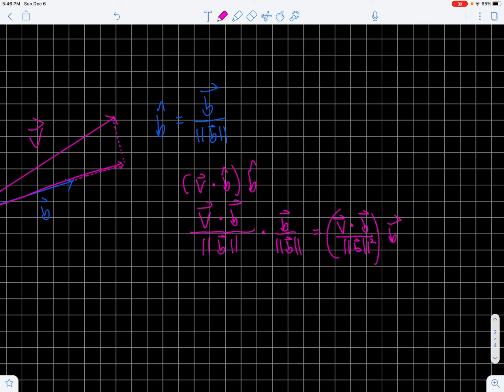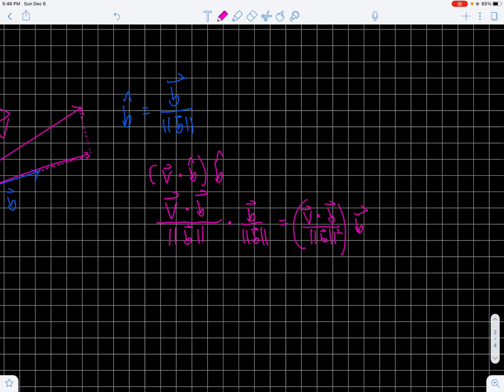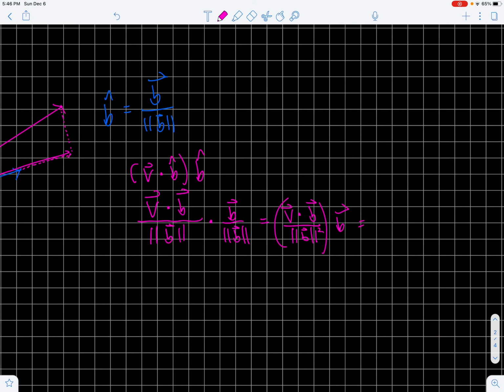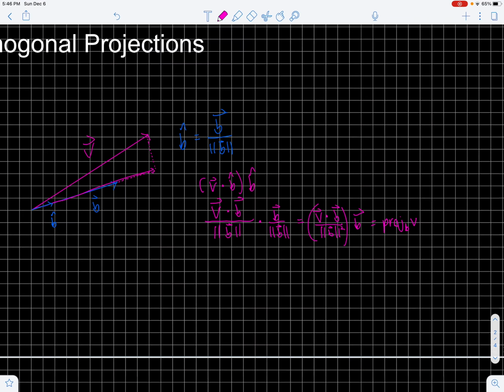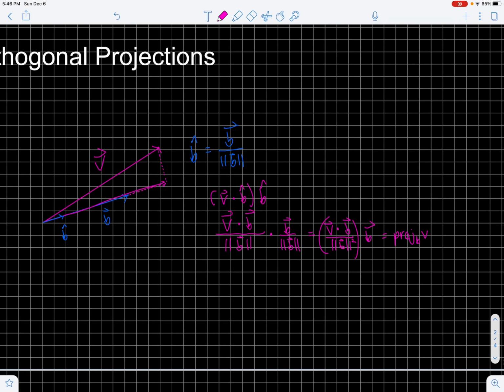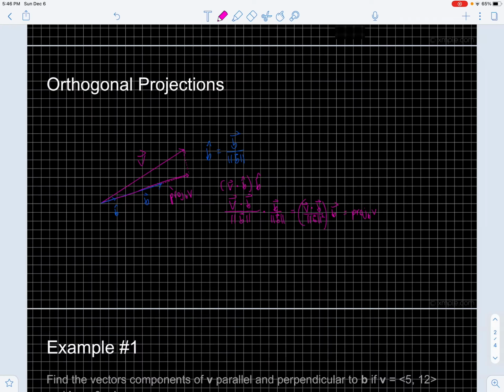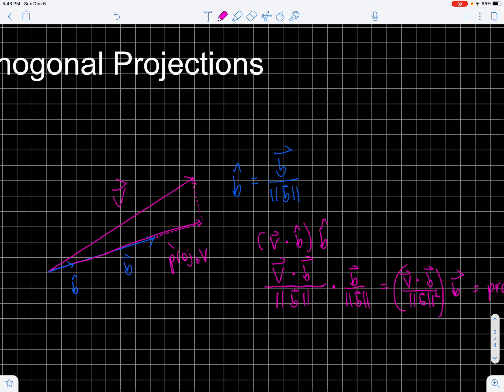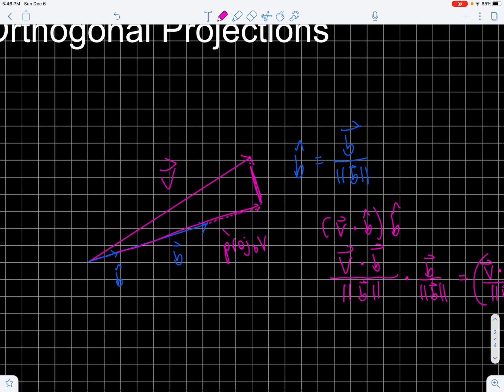This is all a big scalar multiple of b. And that is the projection of v onto b.